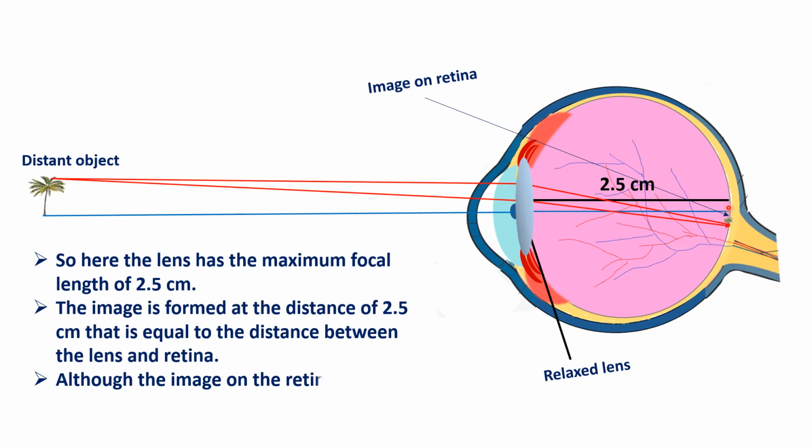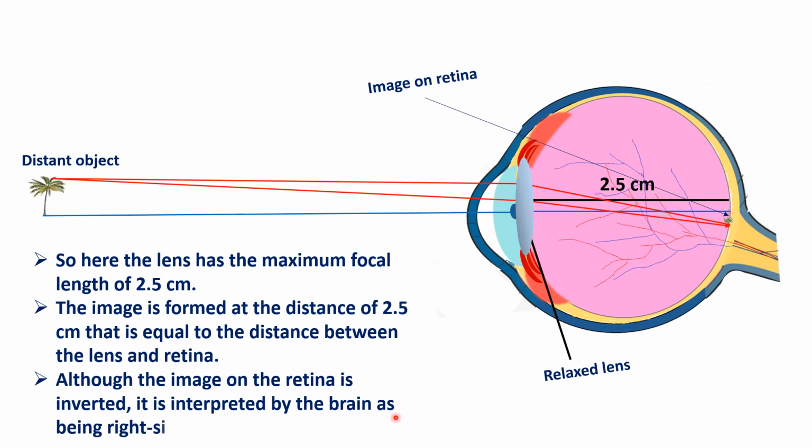Here on the retina an inverted image has been formed. Although the image on the retina is inverted, it is interpreted by the brain as being right side up only. The inverted image will be treated as an upright image by the brain.